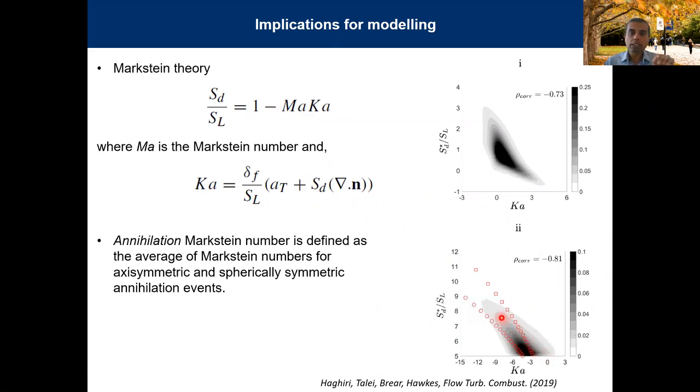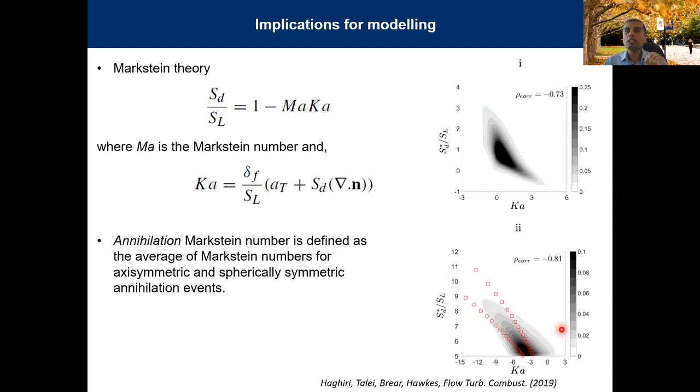But one other thing that we did was to look at two simplified annihilation events. One is a spherically symmetric annihilation. If you have a spherical flame which is collapsing, and I plot SD over SL as a function of Karlovitz number, I get one curve. And if I have a cylindrical flame, like a pinch-off event, and that cylindrical flame collapses, I get another curve for SD over SL.